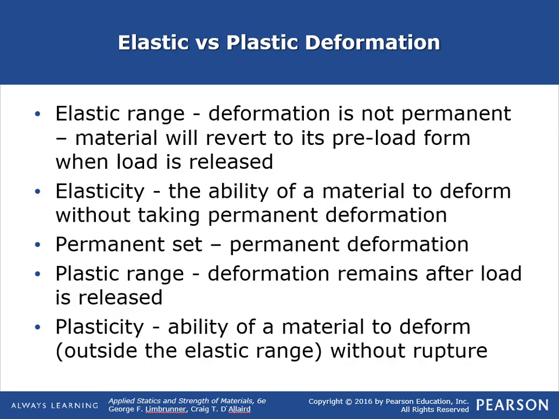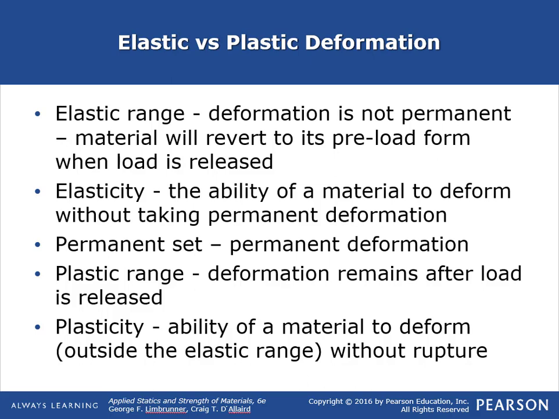It's not permanent. Now, elasticity is the ability of a material to deform without taking permanent set. What's permanent set? Permanent set is permanent deformation. Once we talk about permanent deformation, we're talking about the plastic range, where deformation remains after the load is released. Plasticity is the ability of a material to deform outside the elastic range without rupture.